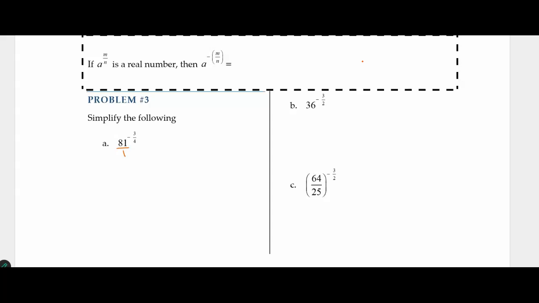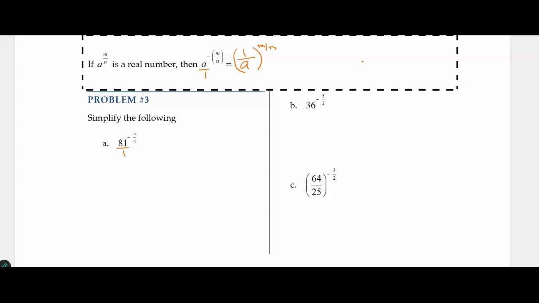So notice up here in the definition, it basically just says, if a to the m over n is a real number, then a to the negative m over n is going to equal 1 over a to the m over n power.